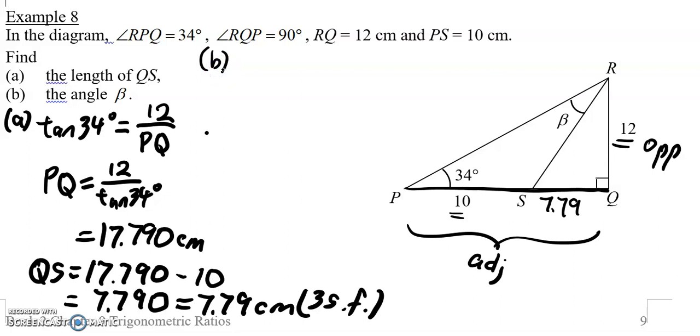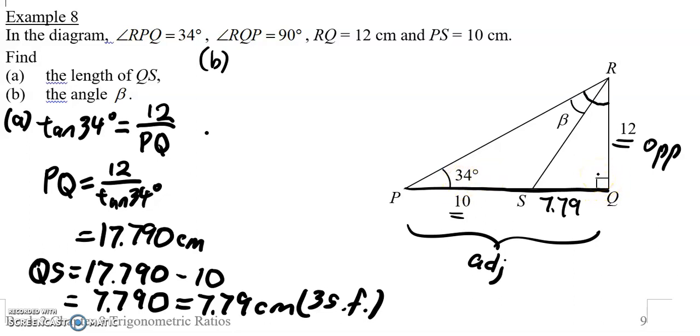So from here, in part B, now likewise to the previous 7D, you realize that this beta over here is actually not directly part of a right angle triangle. So the idea is very similar to what we actually did in 7D. So first thing first, I will need to find what is PRQ. Now, do we need to use any trigonometric ratios to find angle PRQ? There is no need to do it because for triangle PRQ, we already know this as 34 degrees and we know the right angle over here.